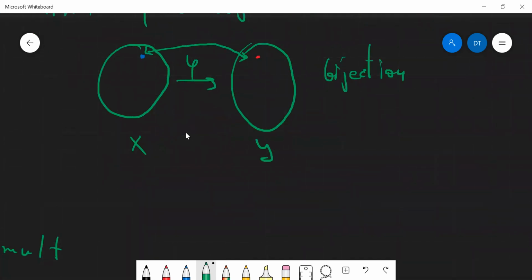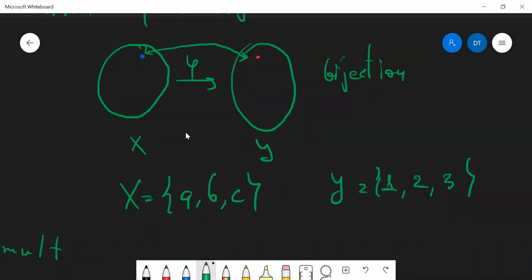For example, X consists of A, B, and C, and Y is a different set of names for your elements, which is 1, 2, and 3. And your bijection, say, takes A to 1, B to 2, and C to 3.